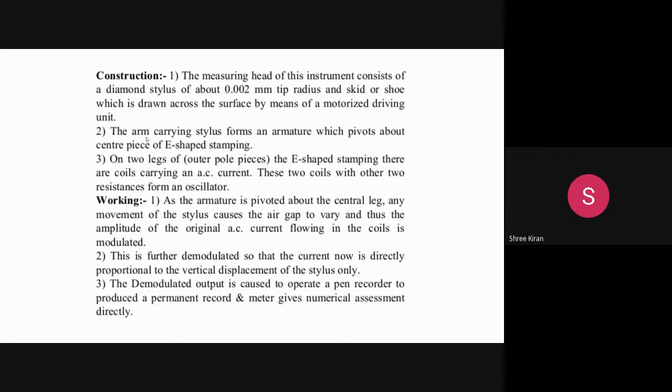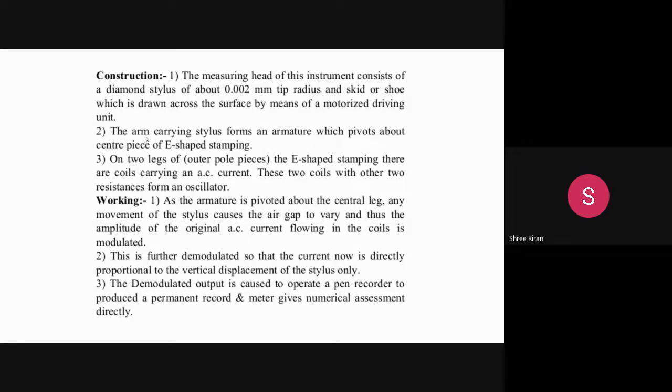On the two legs of the outer pole pieces of the E-shaped stamping, there are coils carrying an alternating current, or AC current, where these two coils with the other two resistances form an oscillator.